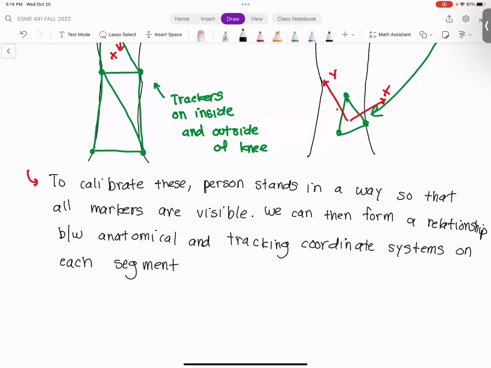So we need to form a mathematical relationship. We said that if the tracking coordinate system on this segment is in this position, that means the anatomical coordinate system is in a different position, okay? And the way that we relate these is we're going to use a mathematical tool called a transformation matrix.